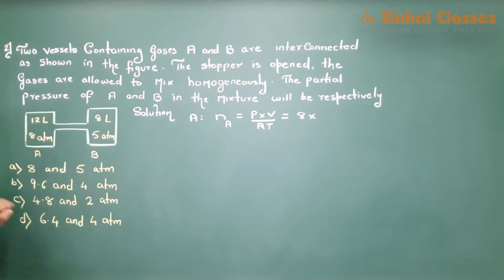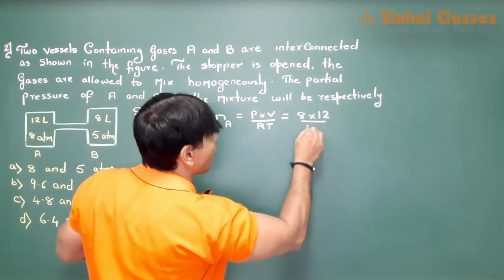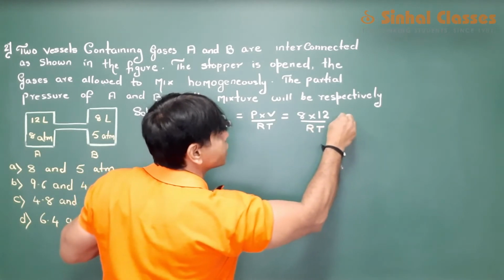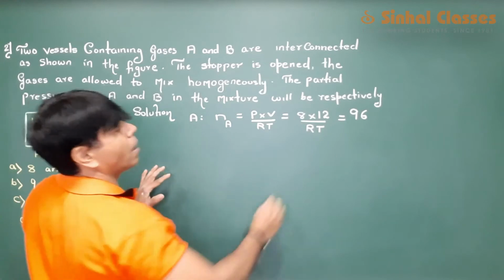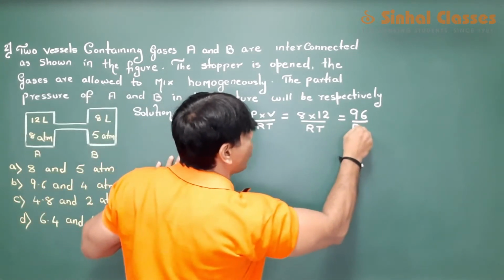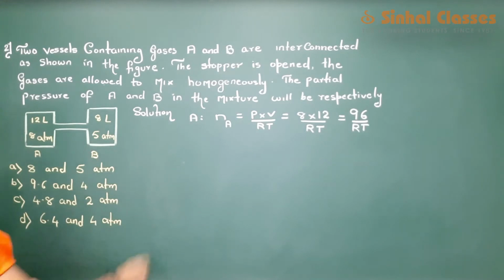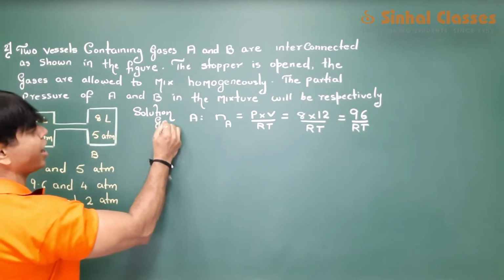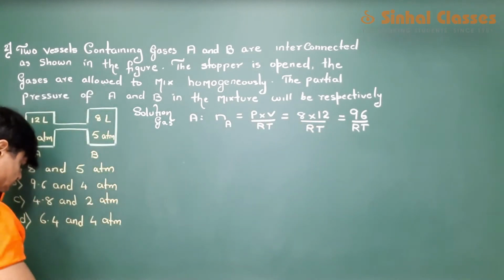What is the volume given to you? 12, upon RT. So this is 96 upon RT, the mole of gas A. So for gas A, the mole is 96 upon RT.